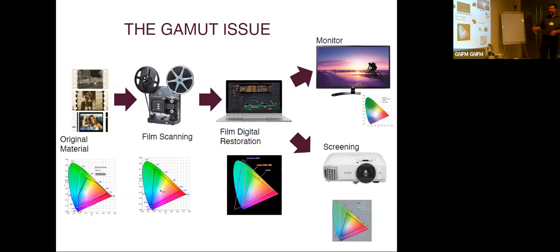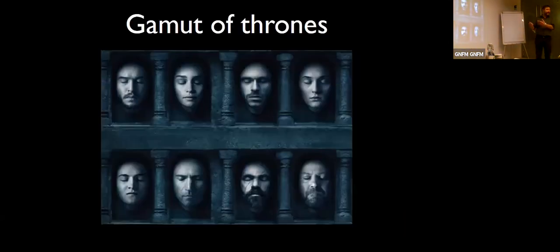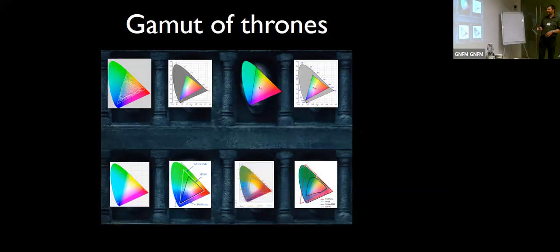Then you have a scanner that has a gamut as well. Then, of course, you want to do editing, and you have a gamut of the piece you work on, and finally you screen it or watch it, and you have another gamut. So there's a fight there, and of course gamuts can be a problem.